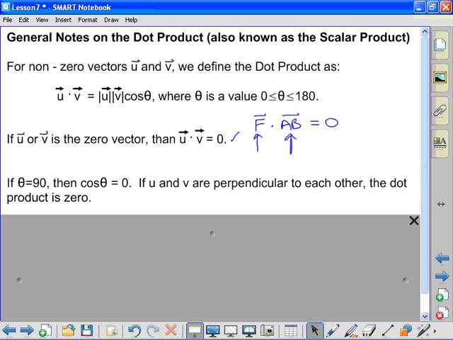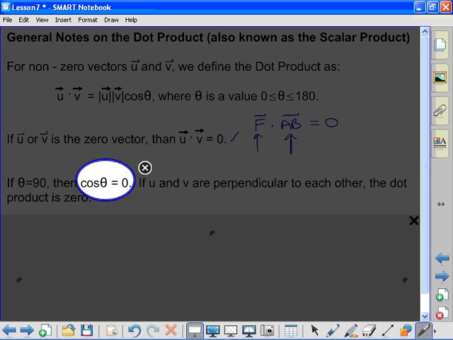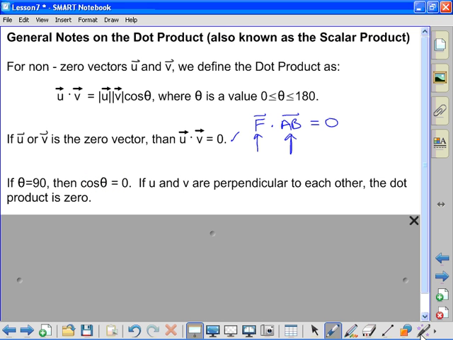If theta is 90 degrees, then cos theta, from this formula right here, is equal to 0. So if u and v are perpendicular, okay, perpendicular means they're at right angles to each other, the dot product is also 0. And again, that's because the object's not moving in the direction of the force.